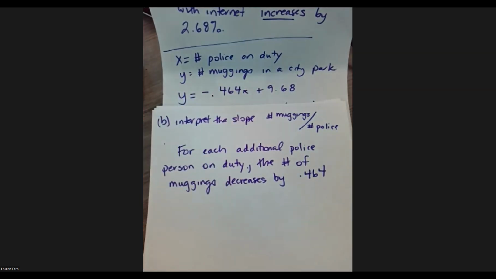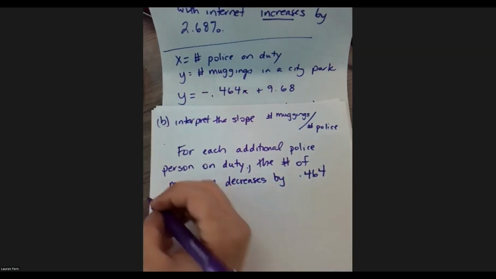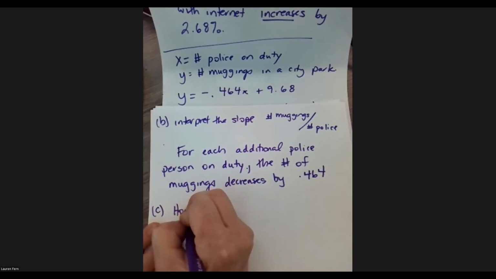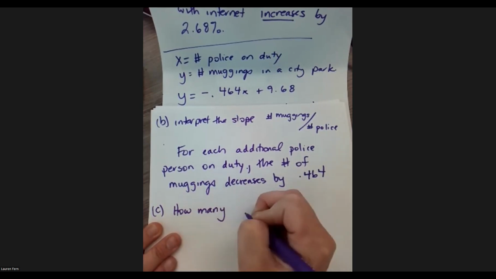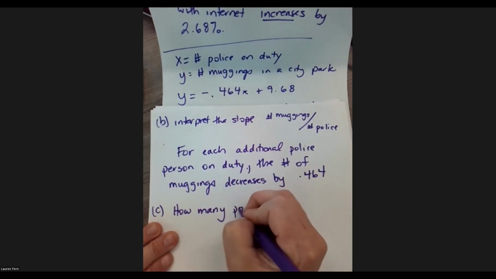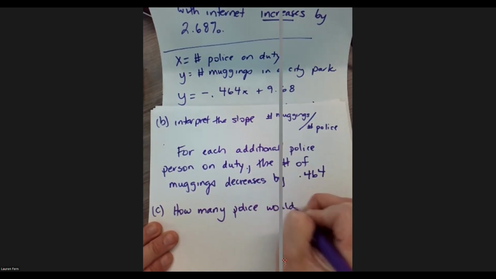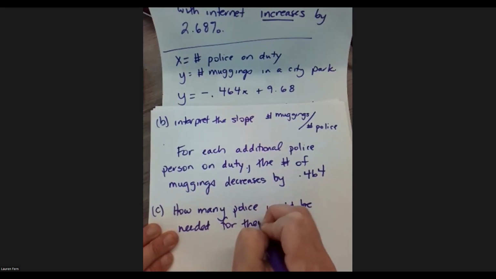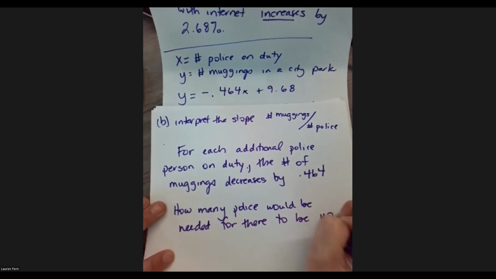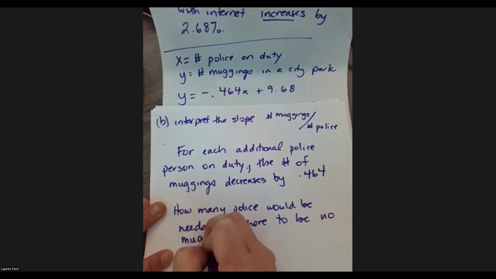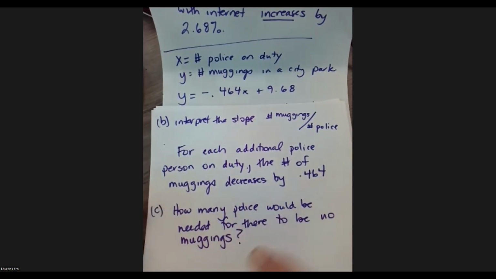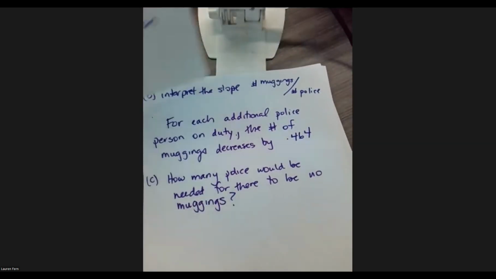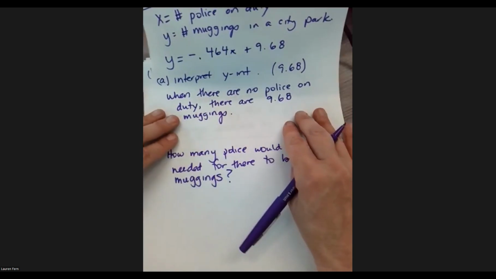All right, because we have an equation of a line, we might as well use it for one more thing. What if I asked you, given this line, how many police would be needed for there to be no muggings? Well, remember, we have two unknowns.